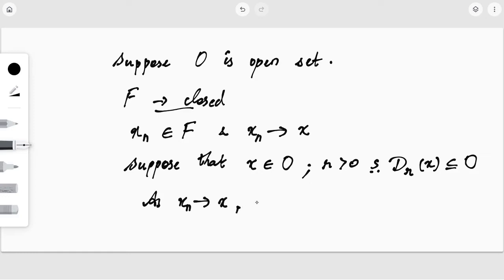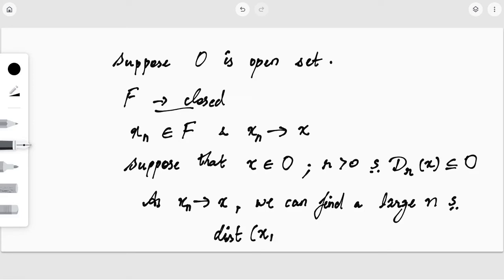We can find a large n such that the distance of xn and x is less than r.